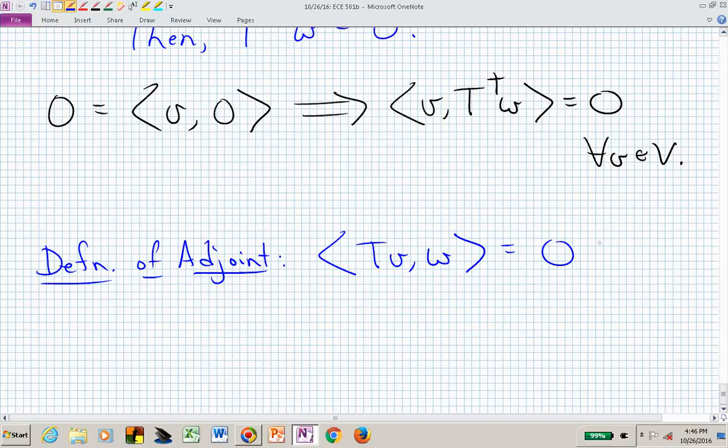So this is true for all little v in capital V. But where does W live then? If W, when inner product with TV, and this is true for all V in the vector space V, where is TV going to put you?